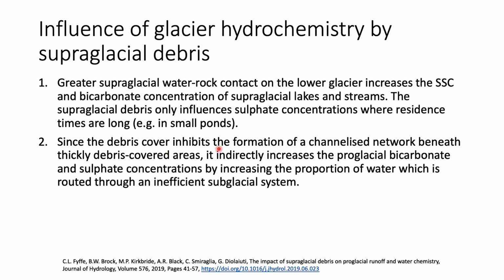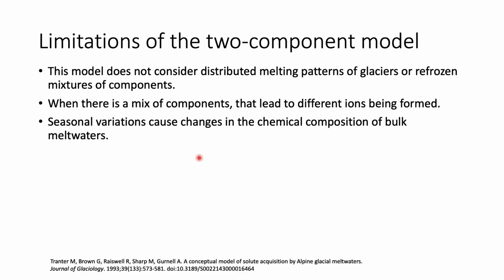Because the debris cover inhibits the formation of a channelized network beneath thick debris-covered areas, it indirectly increases the proglacial bicarbonate and sulfate concentration by increasing the proportion of water which is routed through an inefficient subglacial system. So what are the limitations of this two-component model?